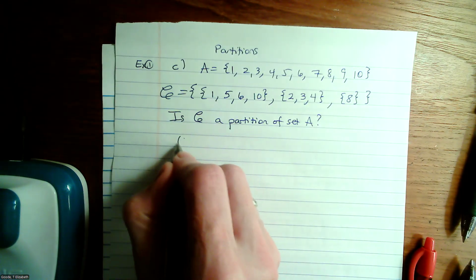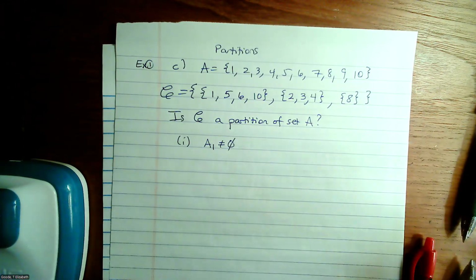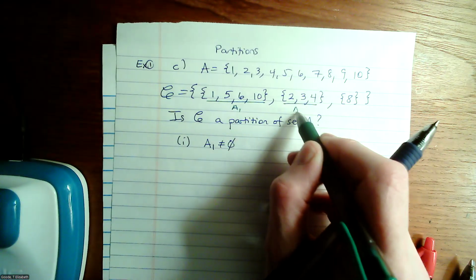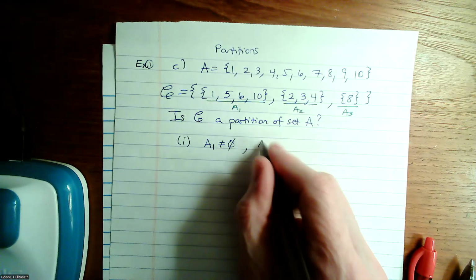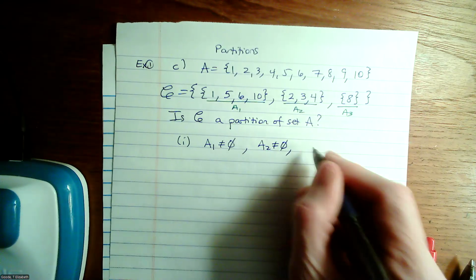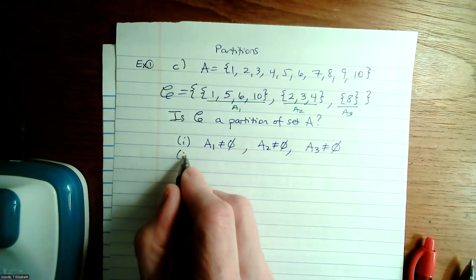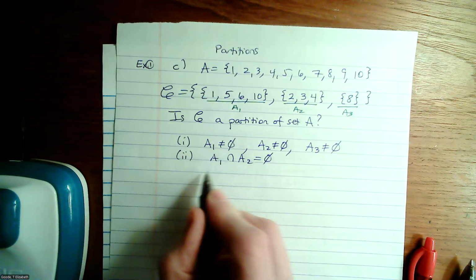Well, the first two properties are going to be okay. A1 is not empty. We can call this one A1. A2 is not empty. A3 is not empty. They're also pairwise disjoint, right? A1 intersect A2 is empty.